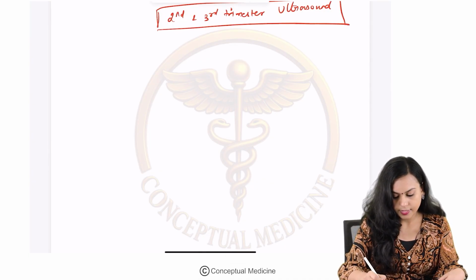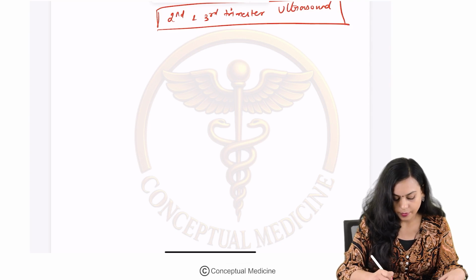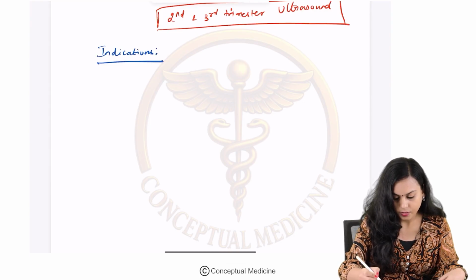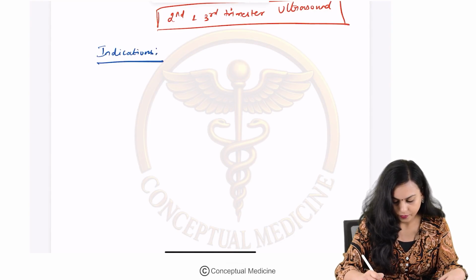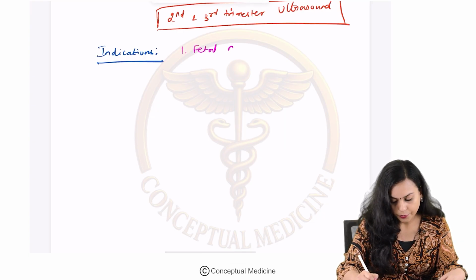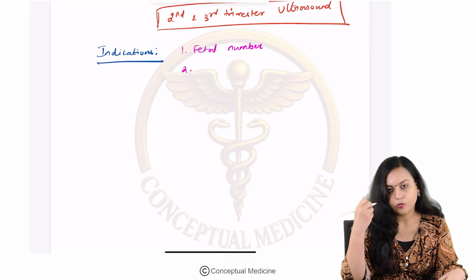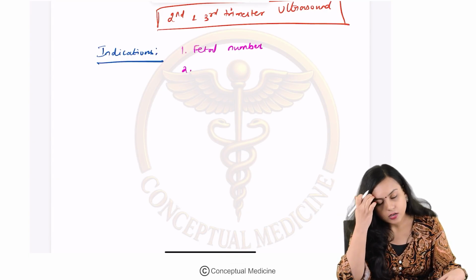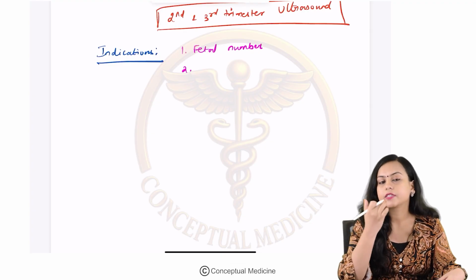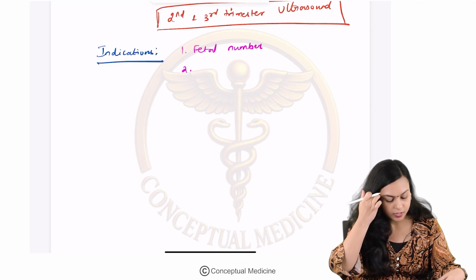Now let's see the indications. So what will we be able to assess? Why are we doing this? Number one, we'll be able to determine the fetal number, including the chorionicity and amniosity of the fetus if it is a multigestational pregnancy, right?